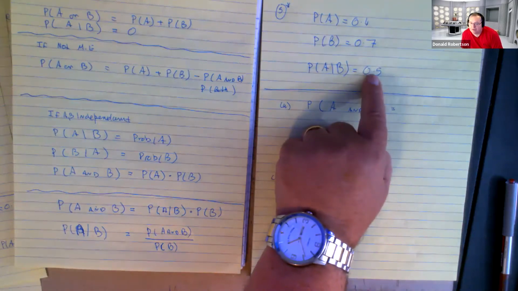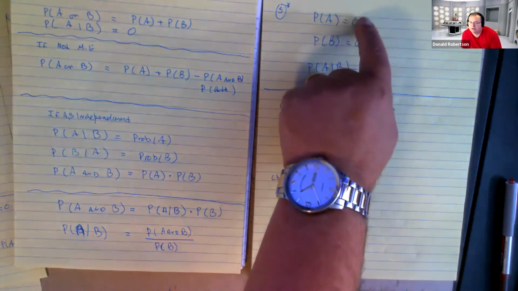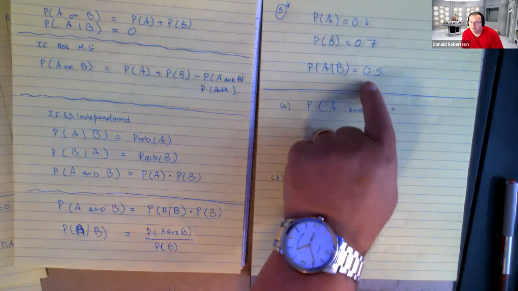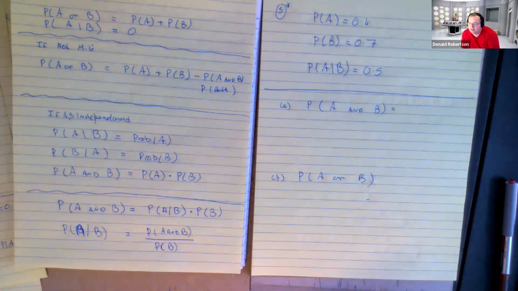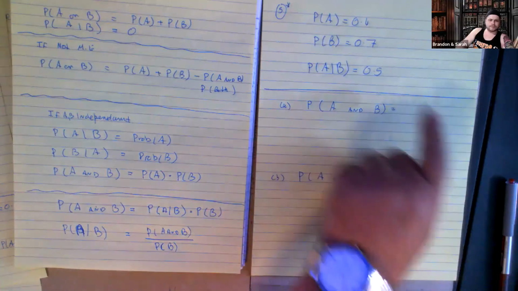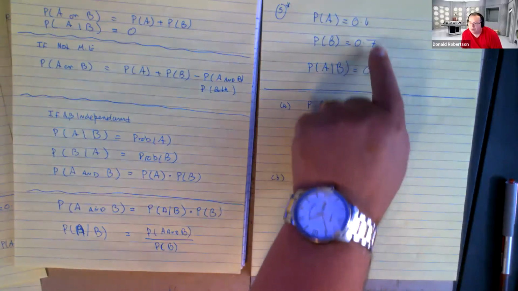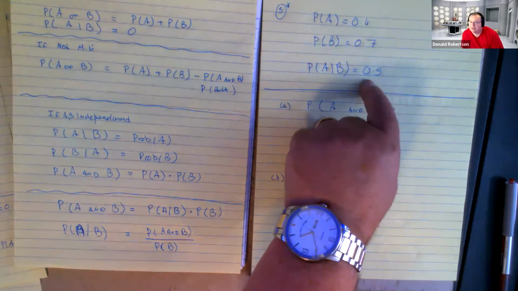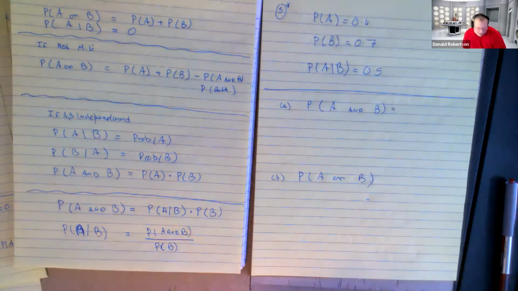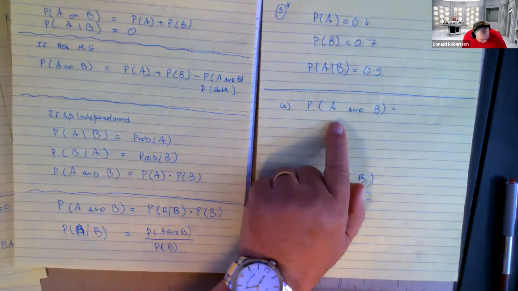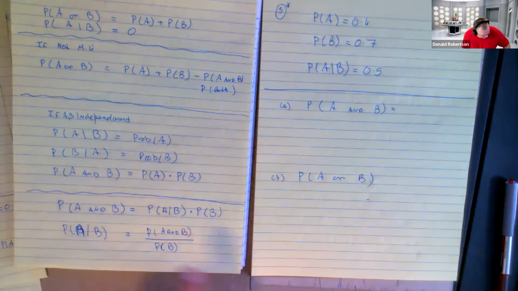I can tell just looking at these three values. Look at the value of A given B. Look at the value of A on its own. That's how you can tell. Are A and B independent? No. If these are equal, they are independent. If these are not equal, they are not independent, which means then I'm going to use the A and B formula.